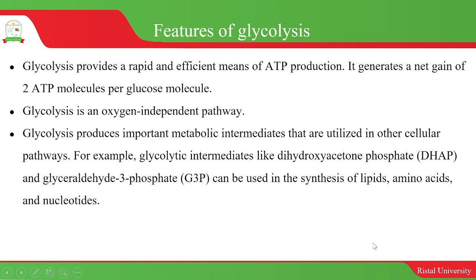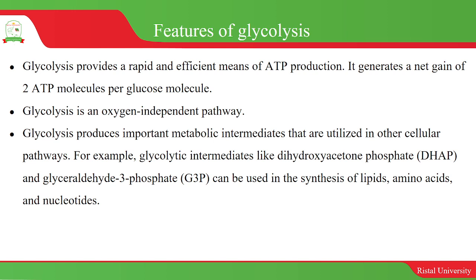Glycolysis is an efficient way of producing energy, where we produce at least a net of two ATP molecules per glucose. We produce a net of two ATP molecules, but generally in total we produce four ATP molecules.